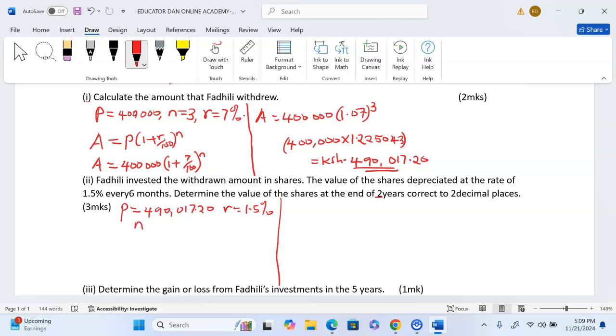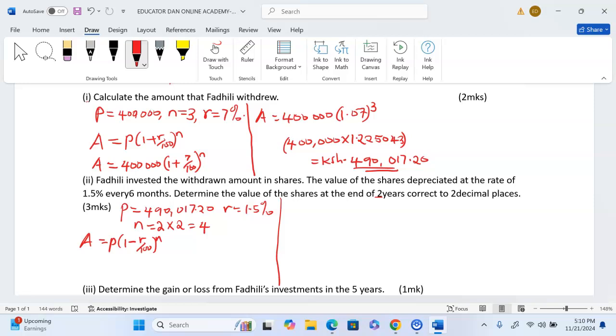So for us to get N, we know every year it depreciates 2 times. That means for 2 years, the shares will reduce their value 4 times. So again, using the compound interest formula, amount will be equal to principal into 1, but since this is depreciation, we minus 1 over 100, then we raise to N. The amount is what we are looking for.